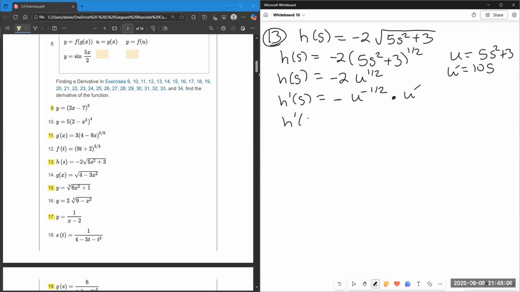H prime of s is a negative u prime over u to the 1/2 power, a negative 10s over the square root of 5s squared plus 3.